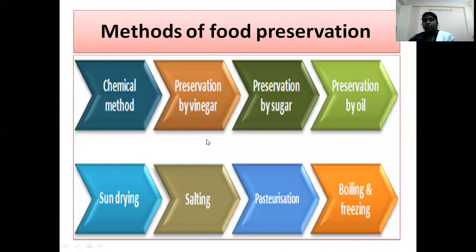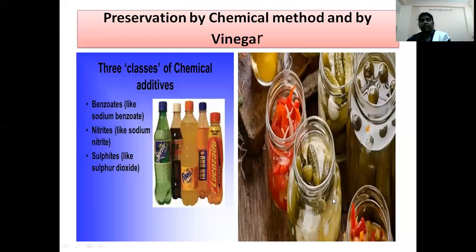Now, let us know how food is preserved. Chemical methods, preservation using vinegar, sugar, adding salt as well as adding oil, even sun drying, pasteurization, boiling and freezing. These are the various ways in which we can store various food items.